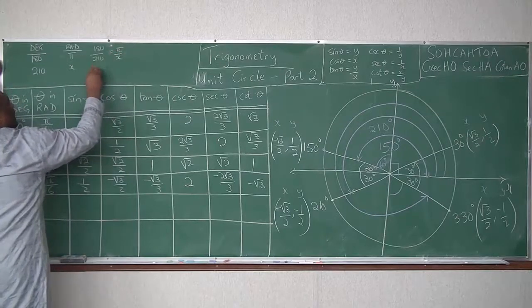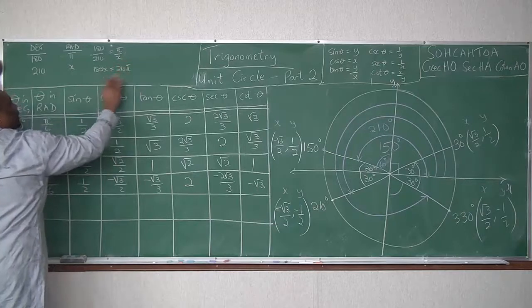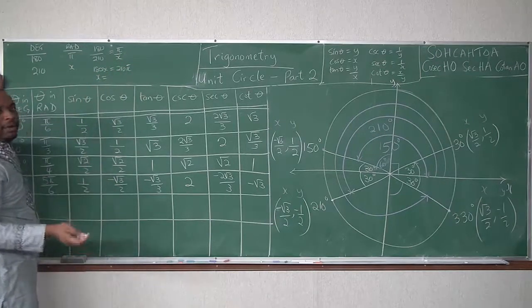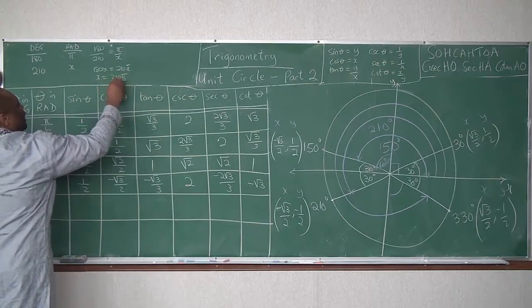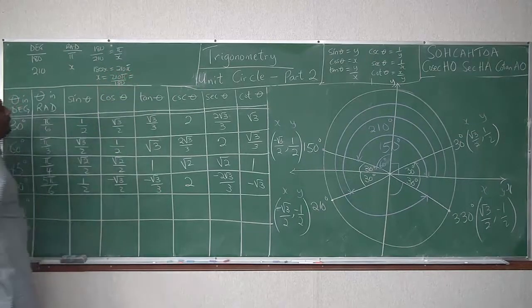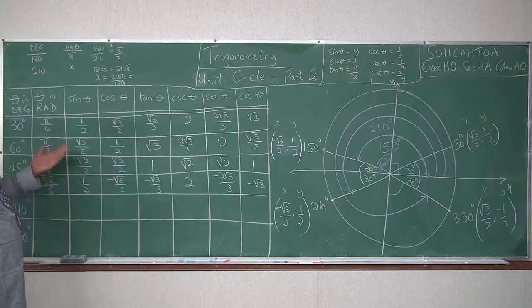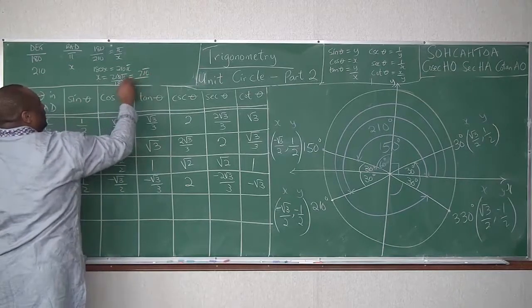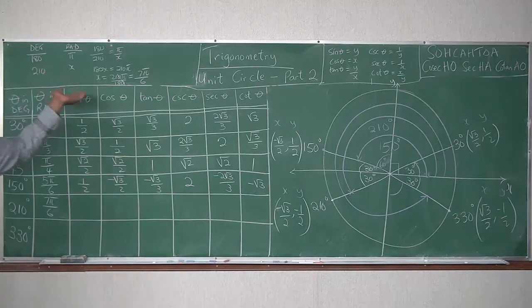So 180x is equal to 210 pi. Divide both sides by 180. This is 210 pi over 180. The 0 divided by 0 is gone, 3 can divide, and this is 7 pi over 6. So you could do it this way.